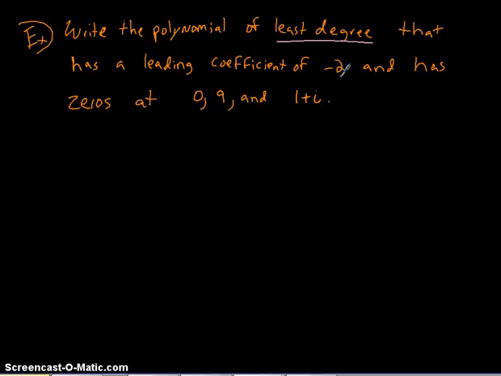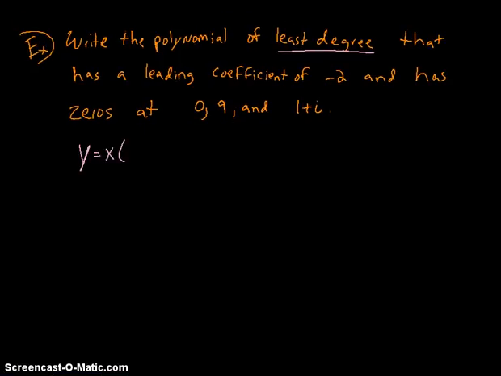So if you actually want to write this equation, I would start with what we know. y equals negative 2. If 0 is the solution, x is one of the factors. If 9 is the solution, then x subtract 9 is one of the factors. If 1 plus i is the solution, then x subtract, and be sure to put 1 plus i in parentheses. That way you properly distribute the negative sign.